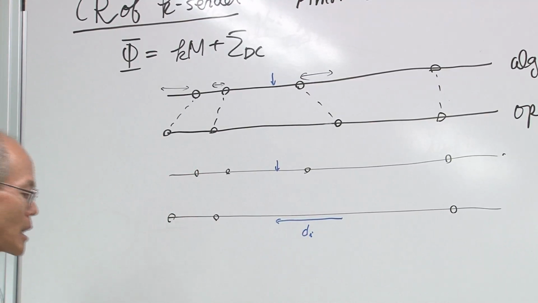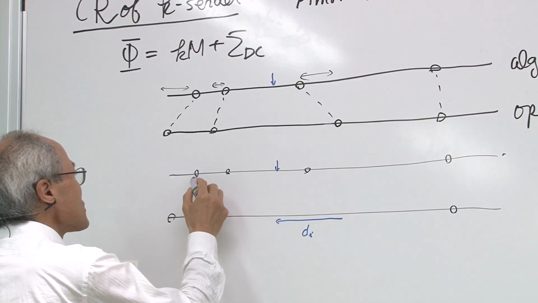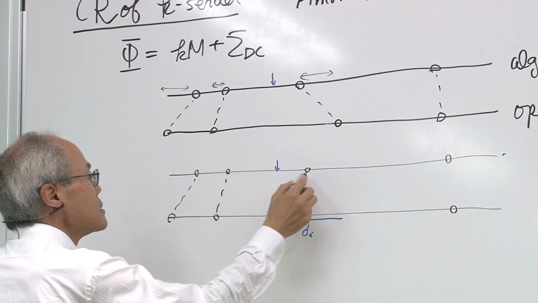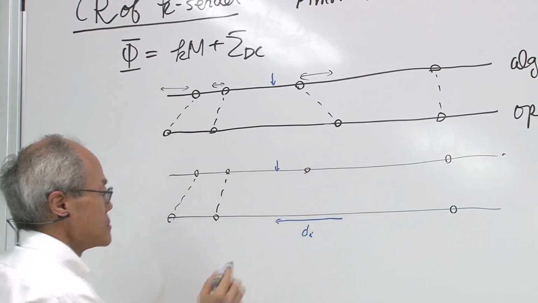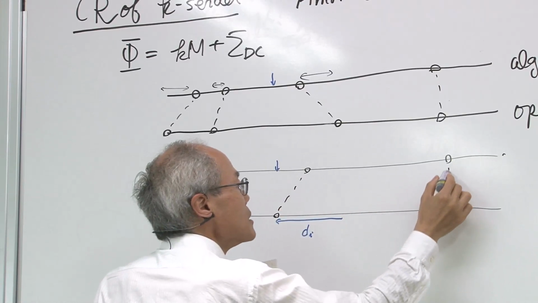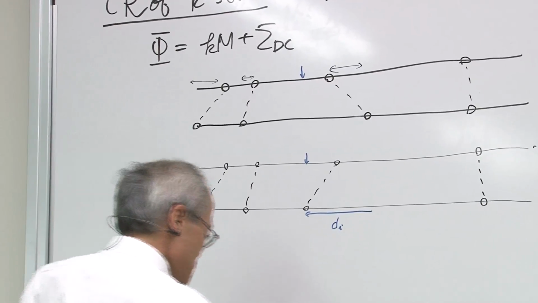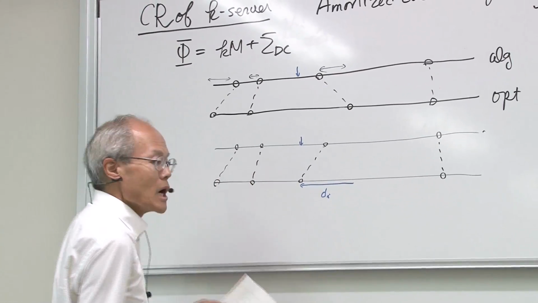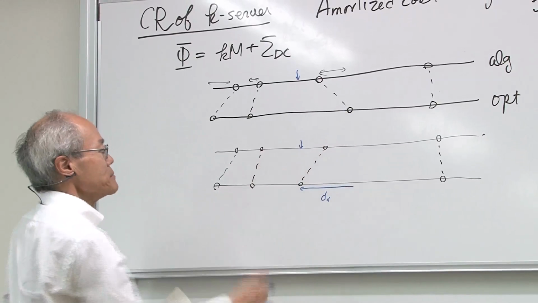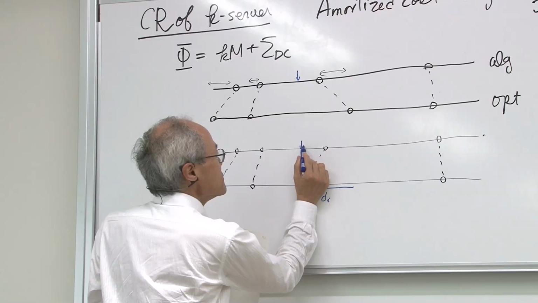Now the current matching is this. Now the ARG server moves. By the rule, the ARG server moves like this.